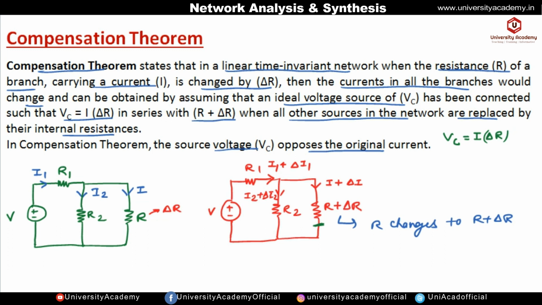This network consists of a single voltage source, and the internal resistance of a voltage source is 0. So this voltage source will be replaced by a short circuit, and the source voltage VC will be connected in such a manner that it opposes the original current, that is it opposes this current I. So now let us draw the circuit.